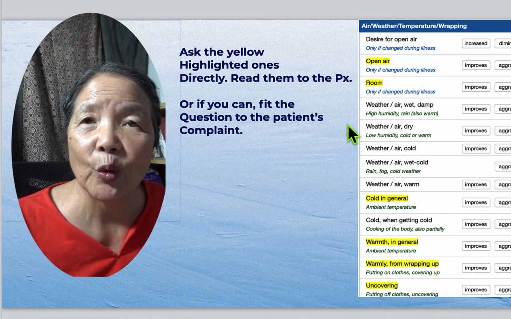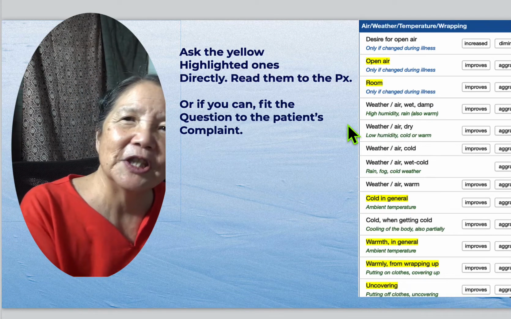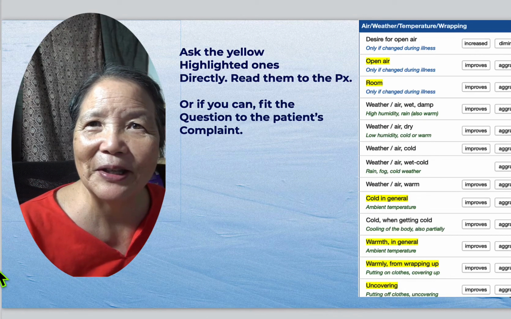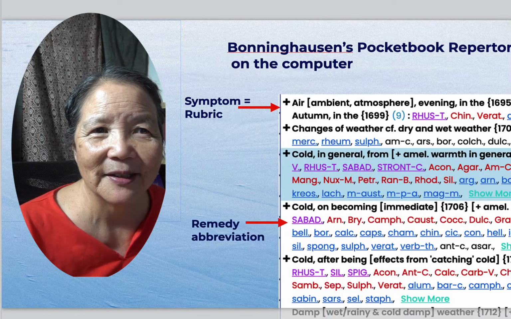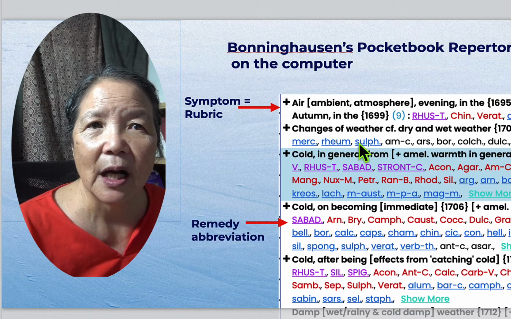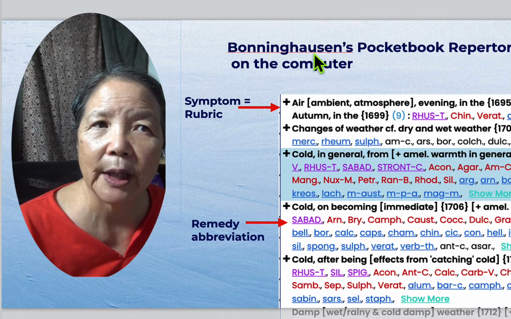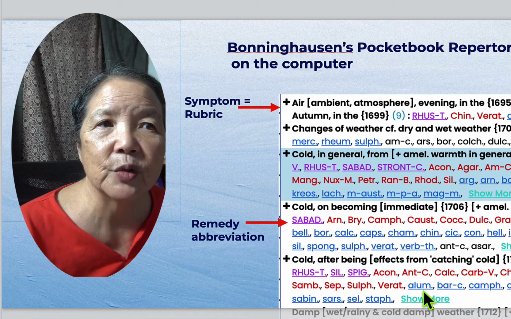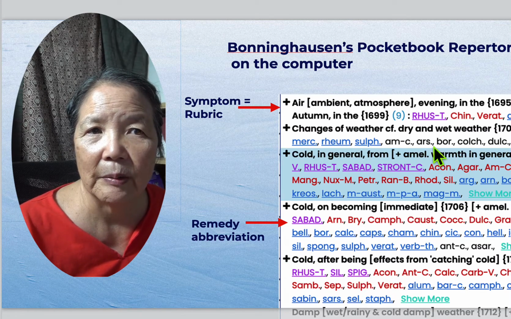I look at the whole section and make it fit into the flow of the conversation with the patient. You can do that gradually as you get used to it. These symptoms that you see here can be found in the pocketbook repertory of Boenninghausen. This is a picture taken from my computer, and this is how it looks.